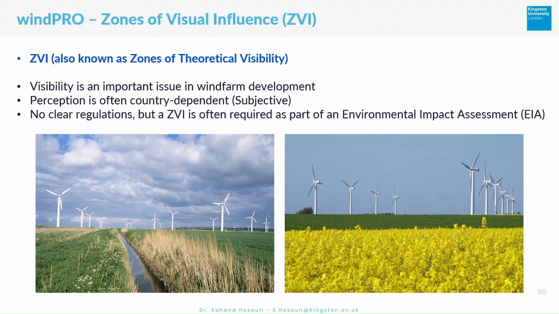It's based on the counties or different countries. You might ask a person, what do you think about this wind farm? They might find it interesting in terms of visual appearance, but in some areas they might not find it visually appealing. So it's a subjective thing, and there are no clear regulations, but ZVI is often required as a part of the environmental impact assessment, EIA.